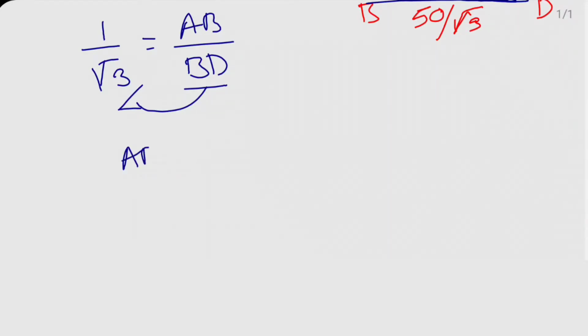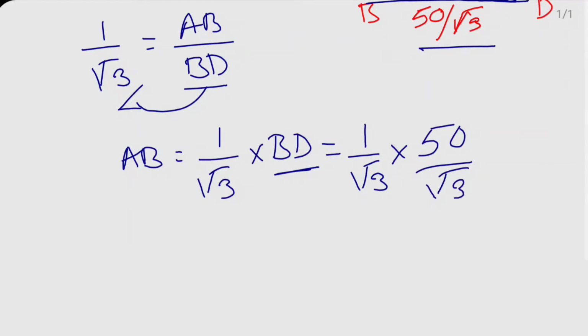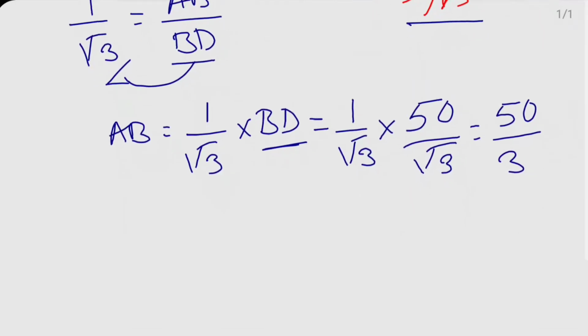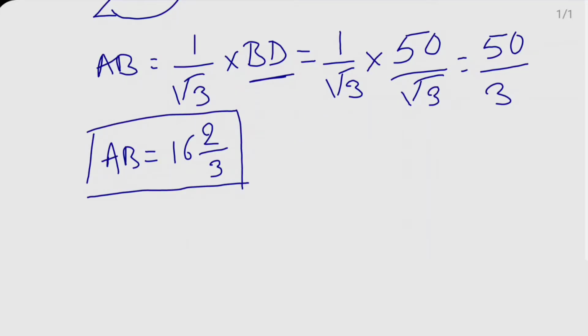So AB equals 1 divided by root 3 into BD, and this equals 1 divided by root 3 as it is into the BD value, 50 by root 3. And now make this multiplication. 50 divided by root 3 into root 3 is 3. So here AB equals 16 and 2 by 3. 50 by 3 we can write as 16 and 2 by 3. So it is the height of the building.